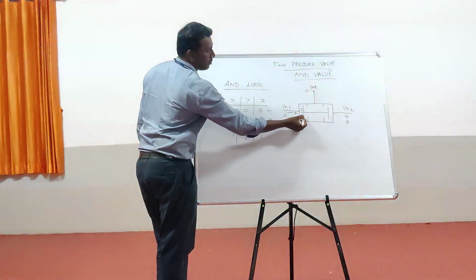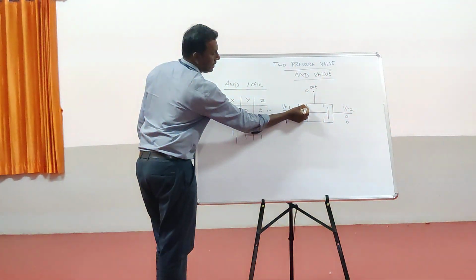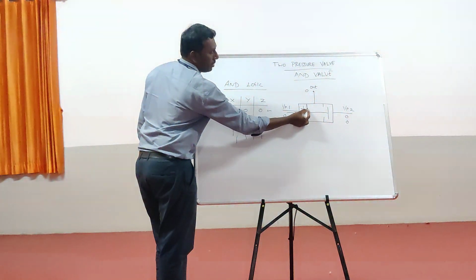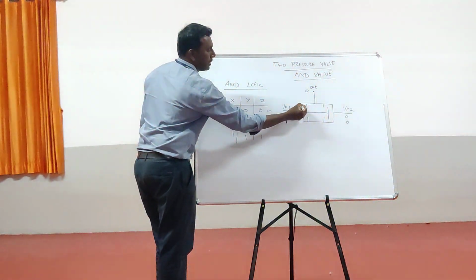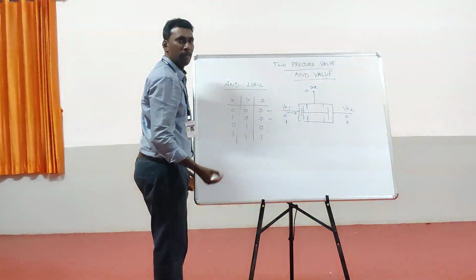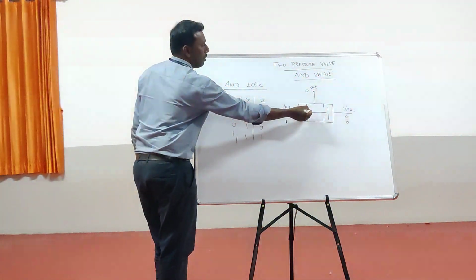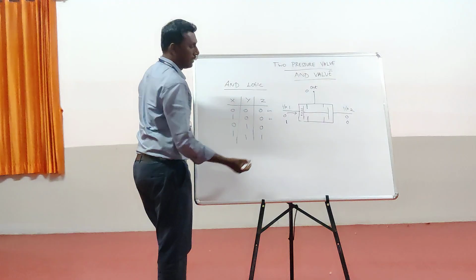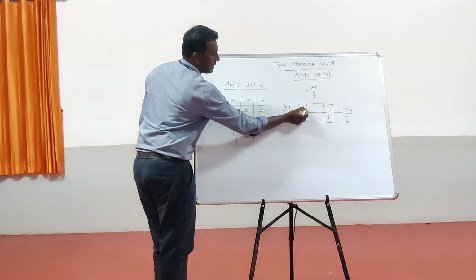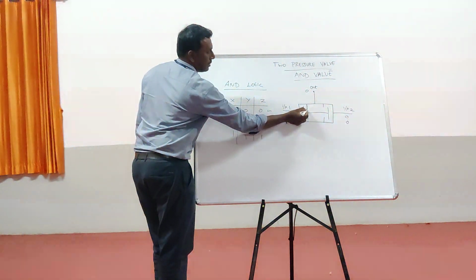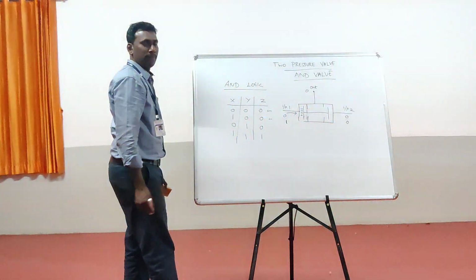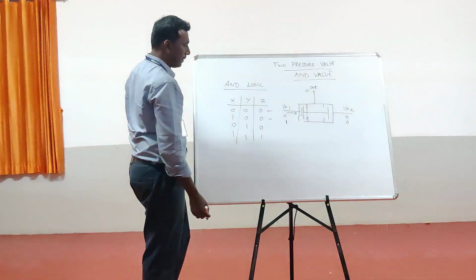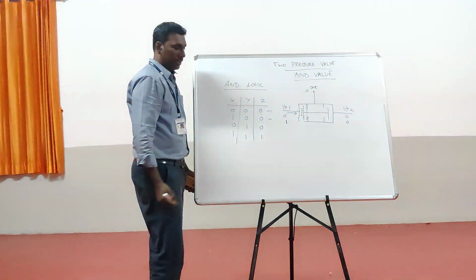When the spool is pushed, it is arrested in this block. So there is no way for the fluid to pass, and there is no fluid supply towards the output. This is the second combination.